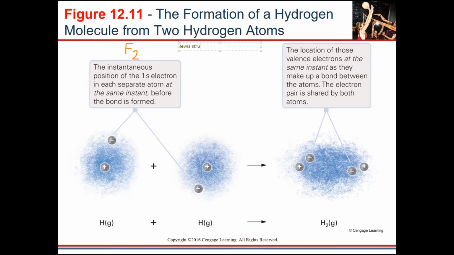So how many valence electrons does fluorine have? 7. 1, 2, 3, 4, 5, 6, 7. This guy's going to have 1, 2, 3, 4, 5, 6, 7. So how can I make it so that they have 8 around both of them? Single bond.